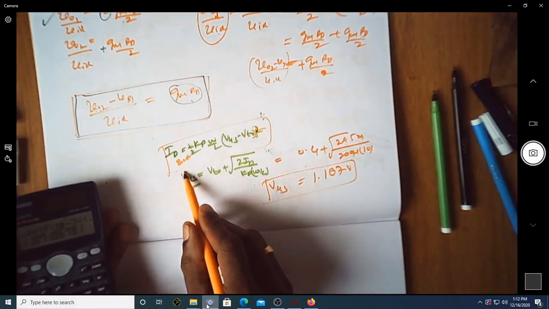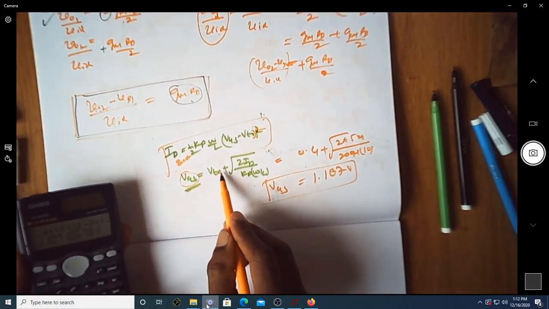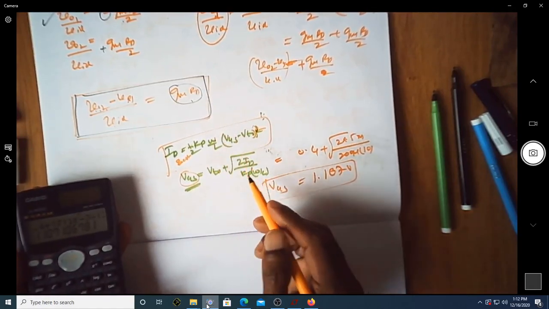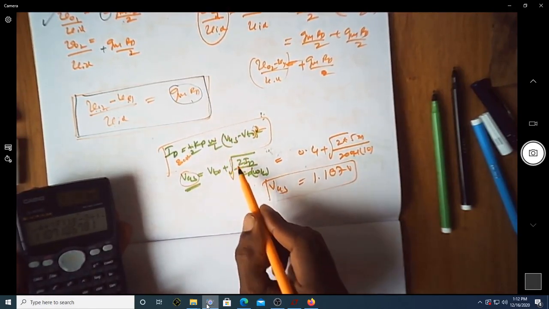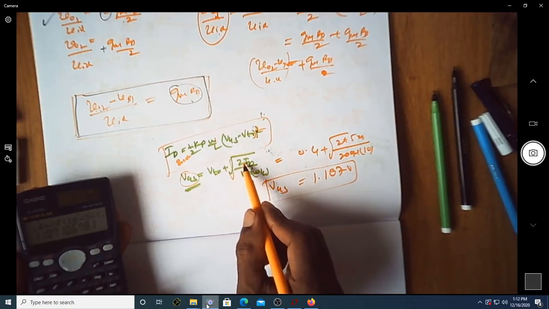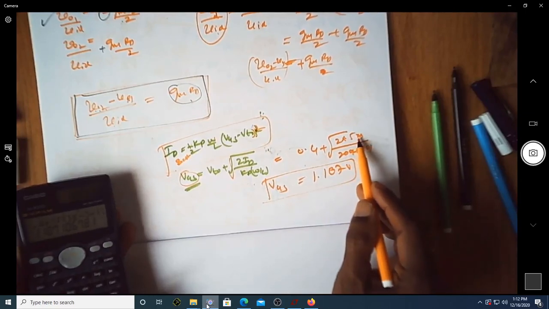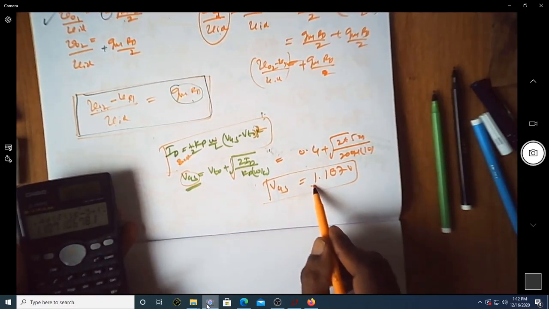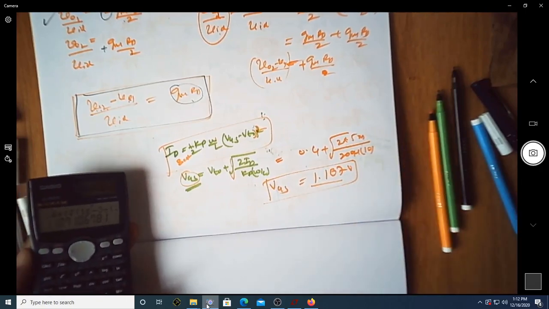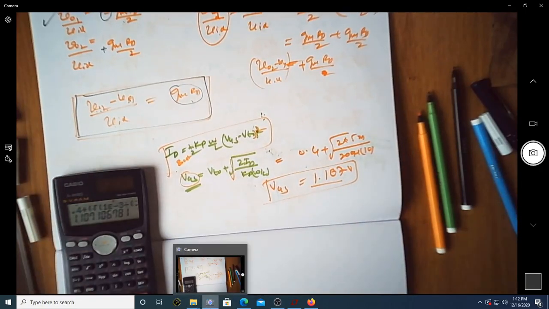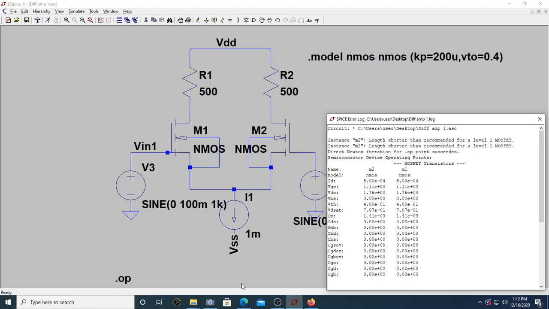From this you can get the expression for VGS, which after simple simplification is VTO plus under root of 2 ID by Kp into W by L. To get a current of 0.5 milliampere through the transistor, the required VGS is 1.10 volt, which will be derived by the circuit itself because of this supply. You can see this is 1.11 volt. This was supposed to be 1.107, so it is almost close to the expected value.